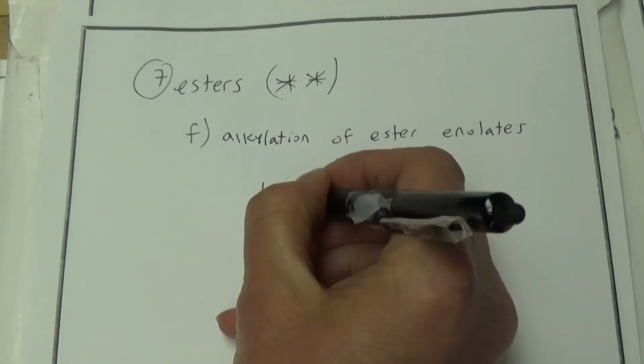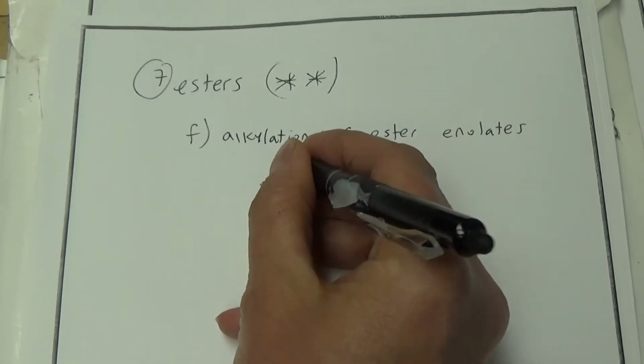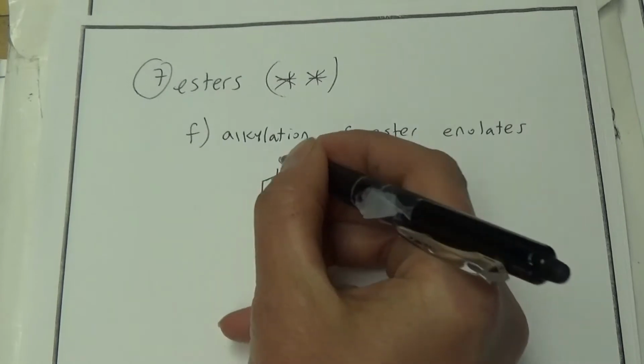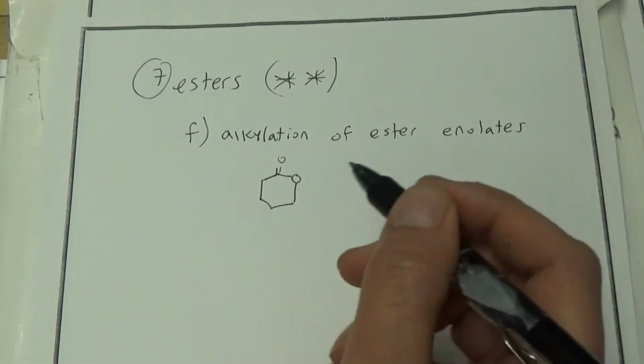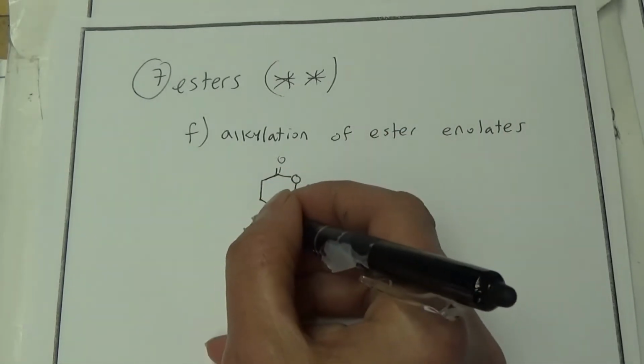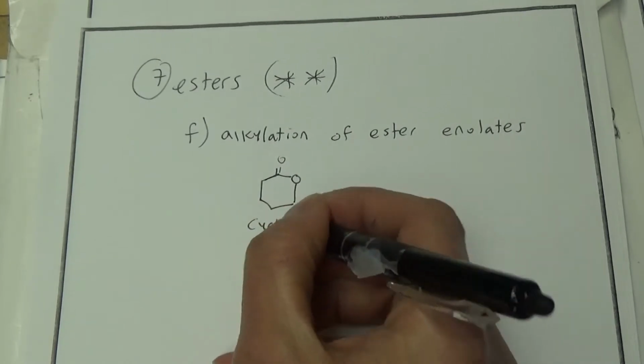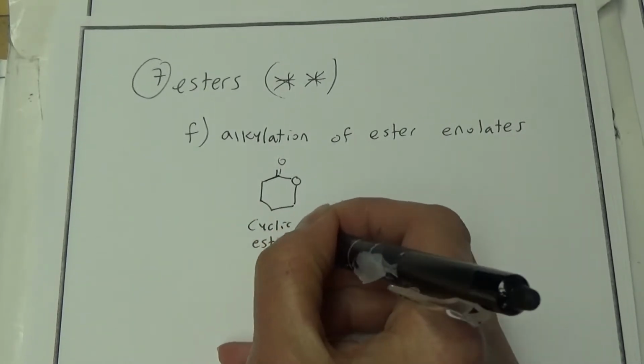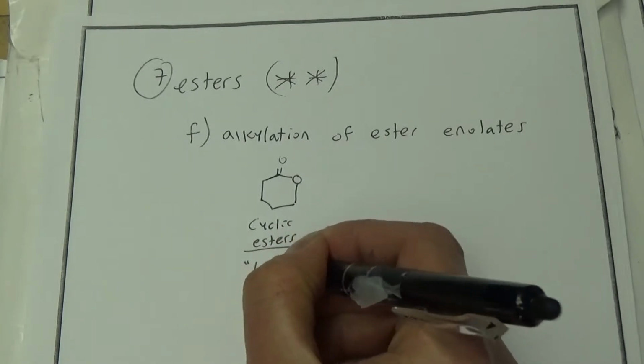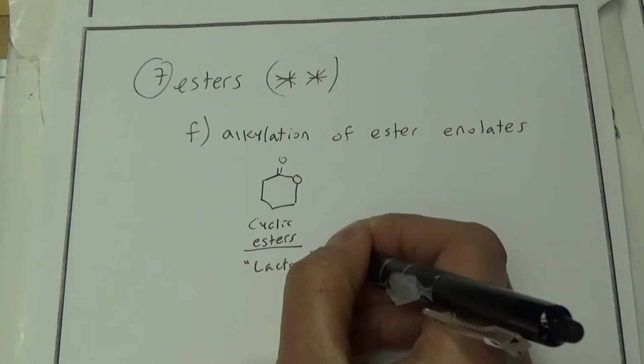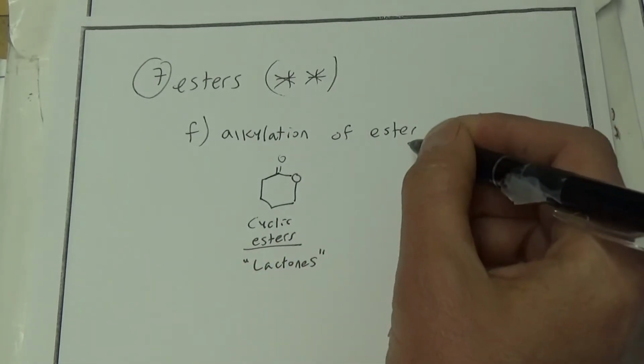It's just that if I have an ester, and we're going to use this cyclic ester, I may have mentioned that cyclic esters have a name. They're called lactones. A lactone or lactones.